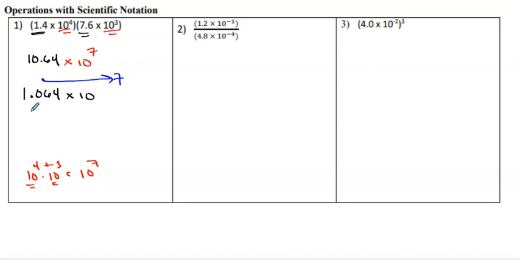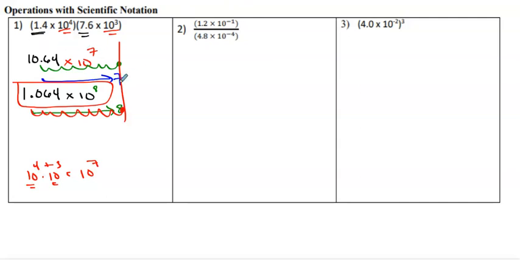If I start from here, then I would really have to move it 8 units to get my actual answer. So if I move this decimal 7 times over, 1, 2, 3, 4, 5, 6, 7, well, if I put the decimal place here, then I need to do 1, 2, 3, 4, 5, 6, 7, 8 to get to the same spot there.